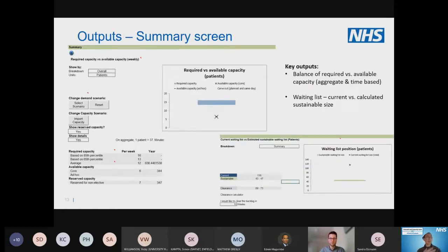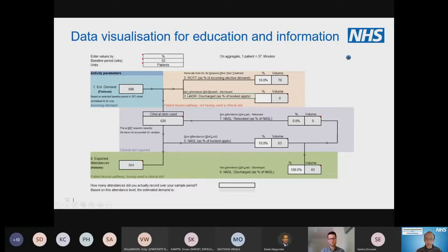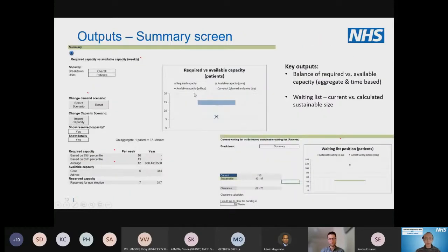So once you've entered your demand, once you've entered your capacity, once you've looked at how you balance out the different aspects of the patients coming in and out of the pathway through ROT or rebookings and the like, the model basically takes that information and gives you two main outputs.